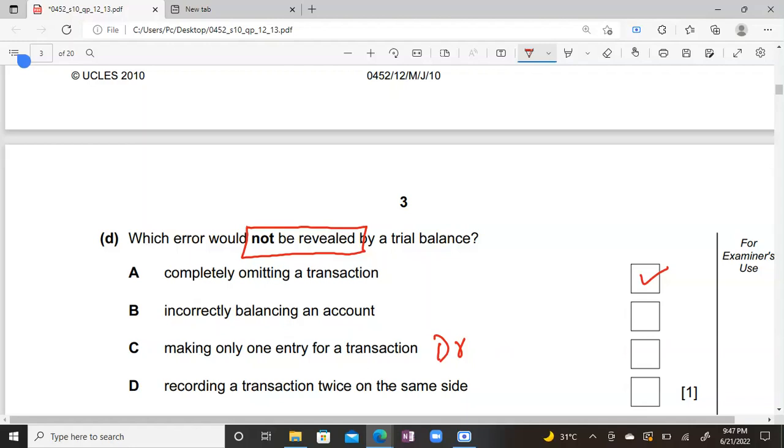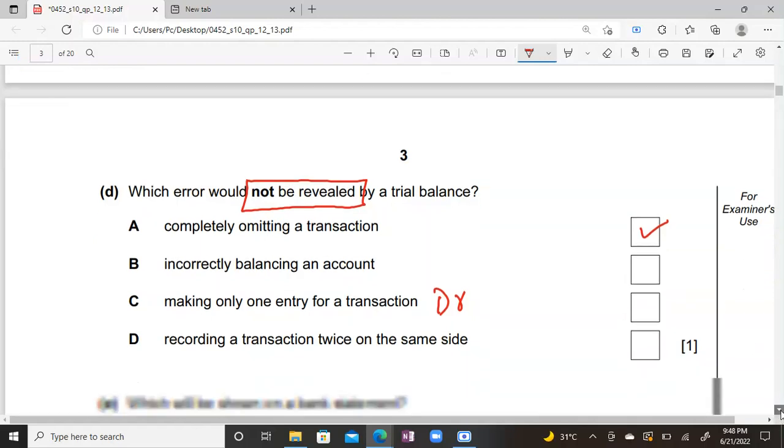And recording a transaction twice on the same side, so the credit is recorded on the debit side, so again the debit side is greater and it will not balance. So the first one is the right answer, completely omitting a transaction, which means error of omission.